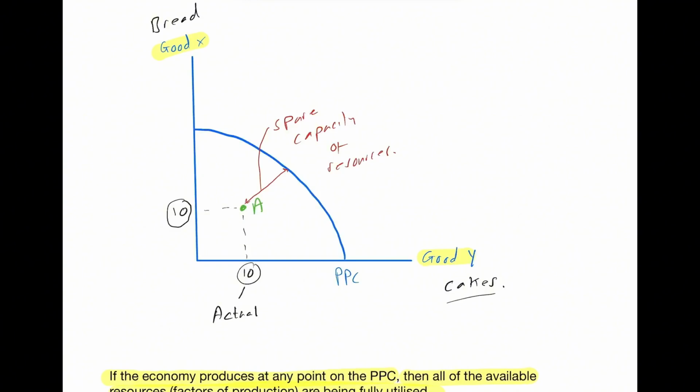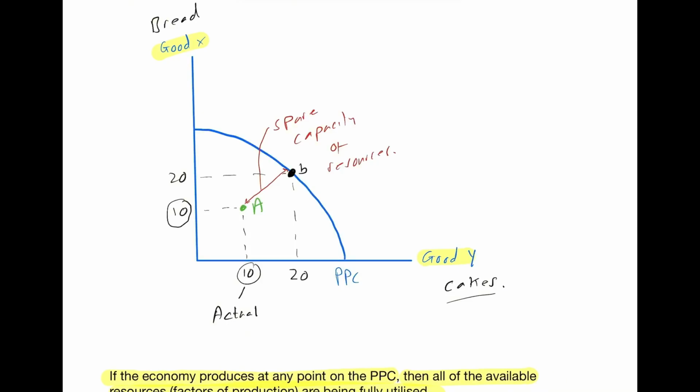Now, if all of the resources were being utilized, then the economy would be producing on the PPC. Let's just label this point D, 20 units of bread and 20 units of cakes could be produced, okay? So here we can see that if all of the resources were being used, then the economy would be producing on the PPC at point B, for an example.